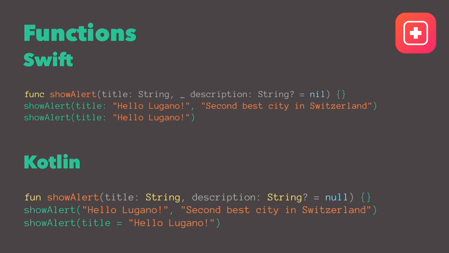We don't use parameter names by default. But if you wanted to use them for readability, for example, you could. So show alert, title equals hello Lugano. It's nice in Kotlin because you kind of have the best of both worlds. You can not use the argument name, but if you want to, you could.